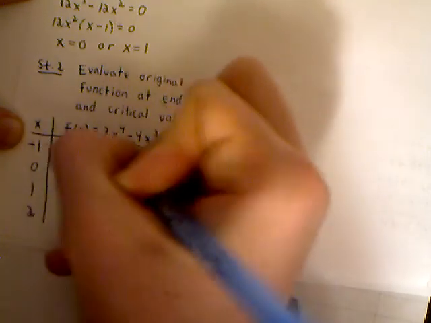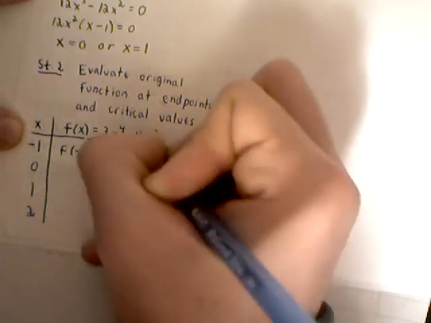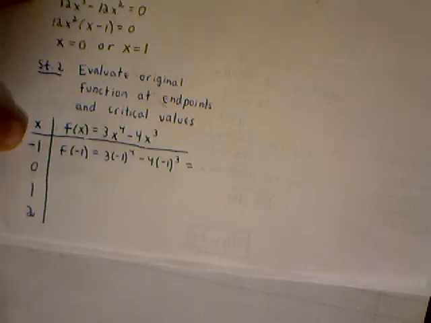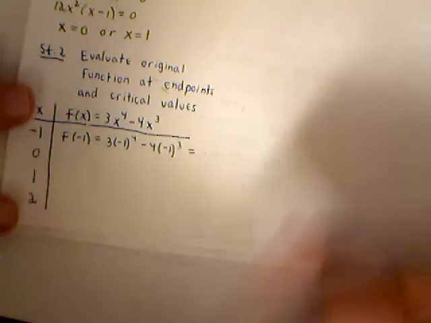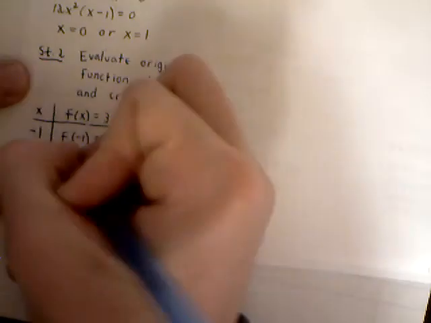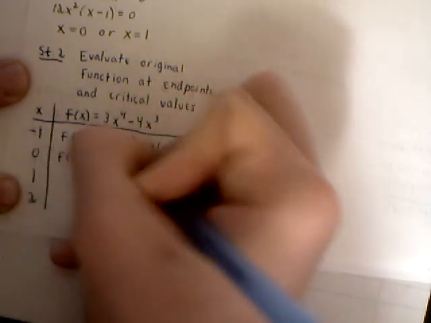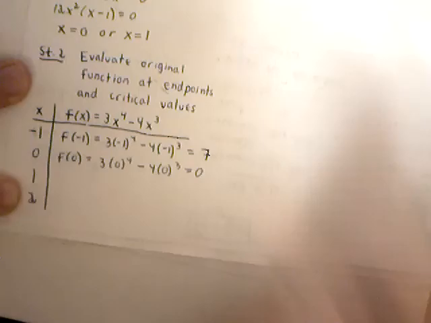So f of -1 is going to be 3 times -1 to the 4th minus 4 times -1 cubed. That gives us 3 plus 4, or 7. Let's find f of 0. We have 3 times 0 to the 4th minus 4 times 0 cubed. We get 0.